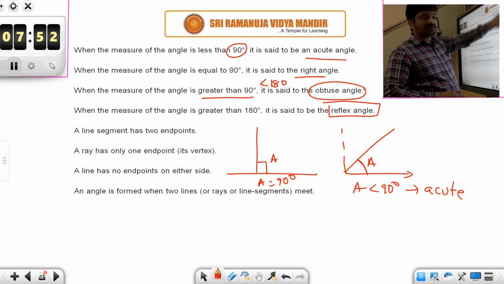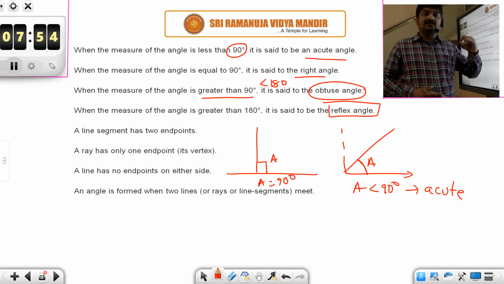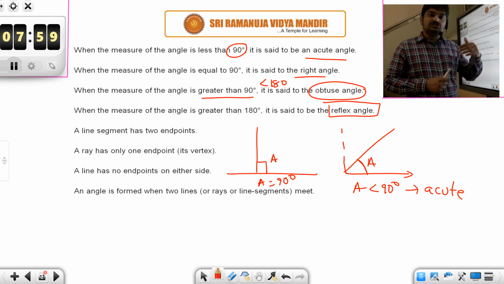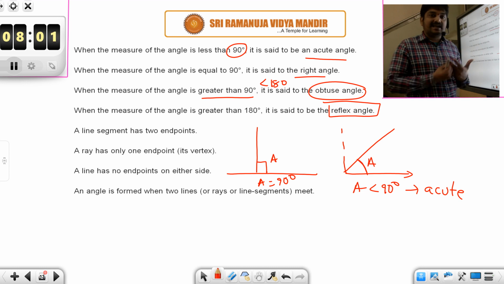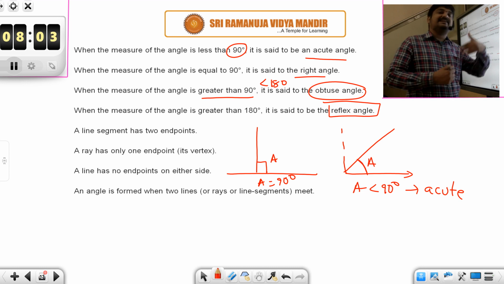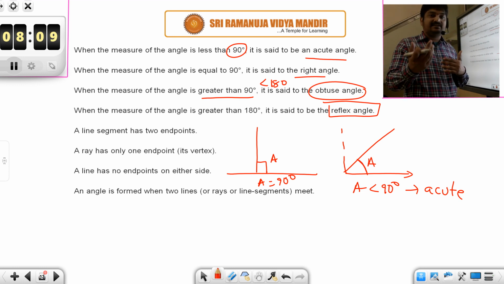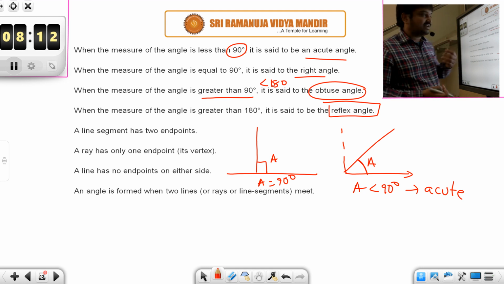Okay, here there are 4 different names. Acute angle, the angle should be less than 90 degrees. Right angle, the angle measure should be 90 degrees. Obtuse angle, the angle measure should be greater than 90 and less than 180. And for 180, we will call it a straight angle, and greater than 180 means we will call it a reflex angle. Okay, students.